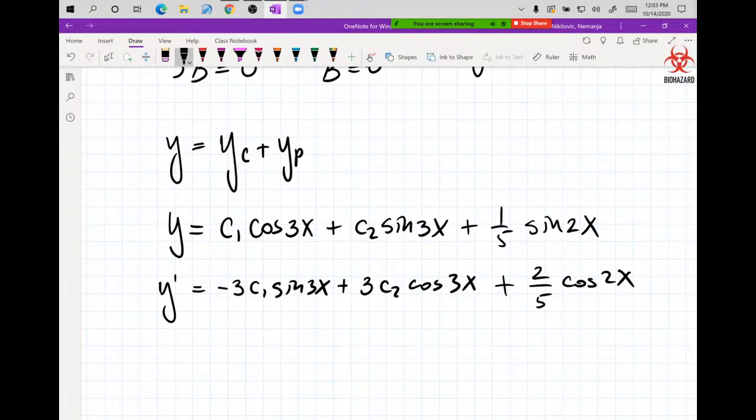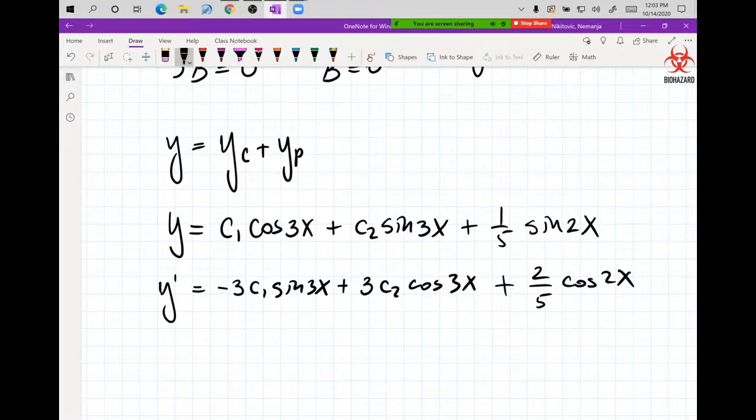Every time you take the derivative using the chain rule, you have to move the values in front. So this 3 pops out, and later on in the sine 2x, 2 pops out as a multiplying coefficient.